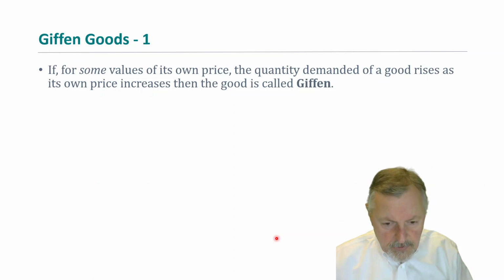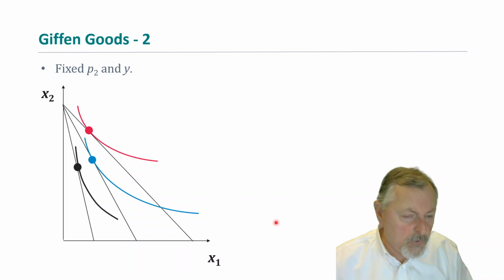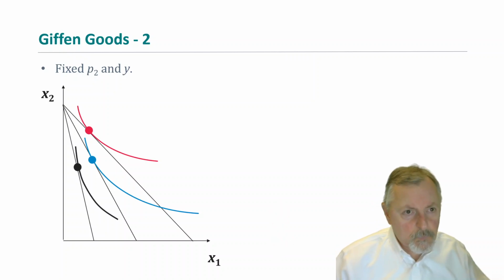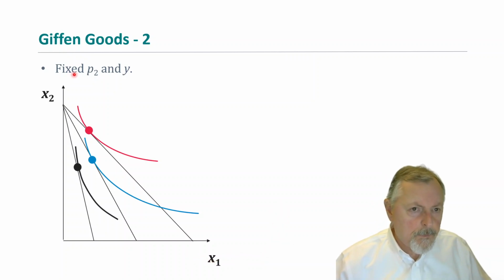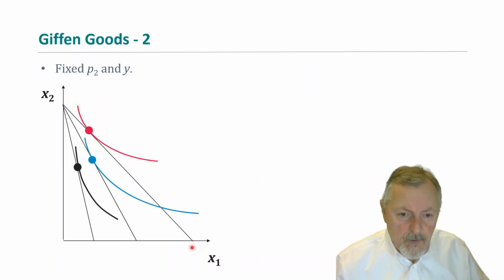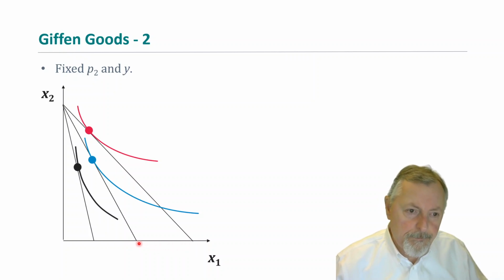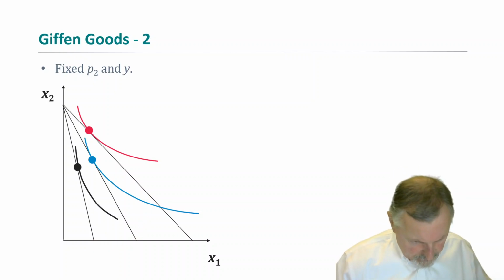For a Giffen good, it would look like this. The price of thing 2 is held fixed, income is held fixed. The price of thing 1 starts out here. Then the price of it goes up, and the price of it goes up again. Let's look at the curve.